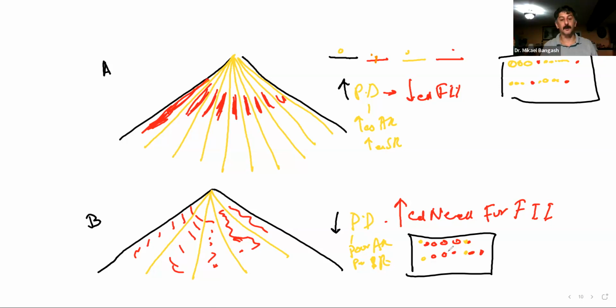The greater the pulse density, the lesser the fill-in interpolation. Fill-in interpolation means healthy guessing. But how accurate will that be? Probably not as much in this case as compared to here.